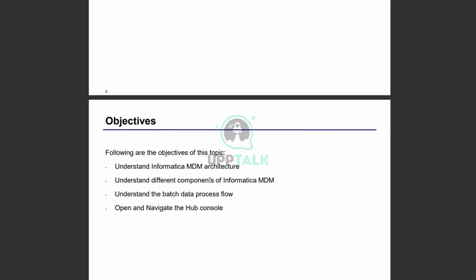We'll be studying and giving hands-on experience in two modules, which are Hub Console and Provisioning Tool. Activos we won't be covering, because Activos is a different license and it's a deep-down topic like MDM.